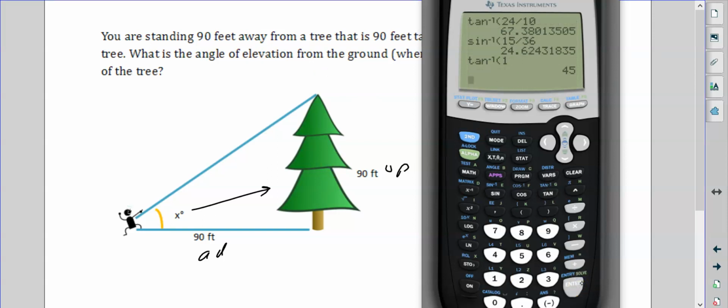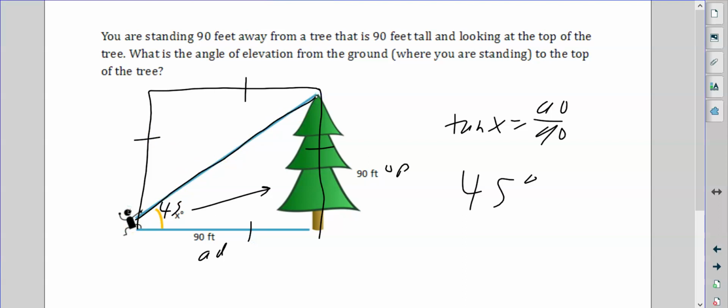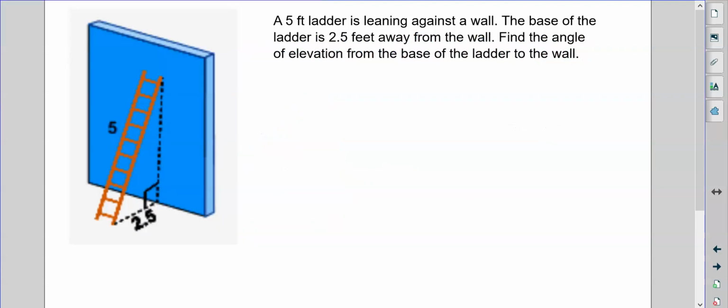Because 90 divided by 90 is 1, that's a 45-degree angle right there. And if you think about it, going back to our special triangles, 45, 45, 90. This is the diagonal of a square, basically. Just a little bit of extra knowledge.